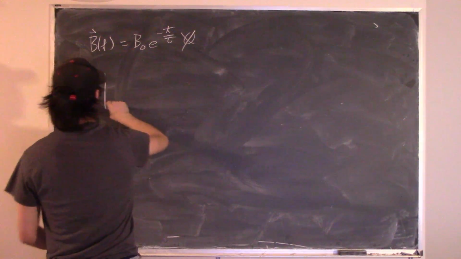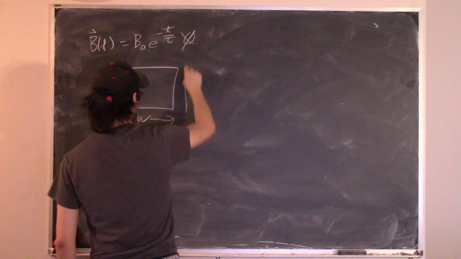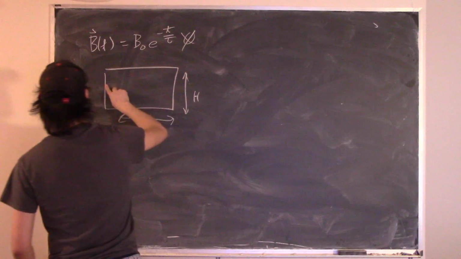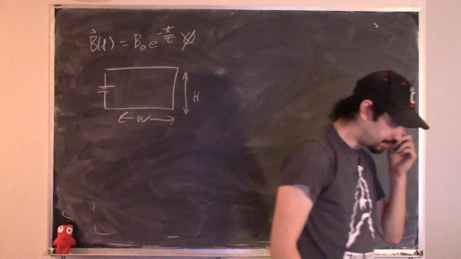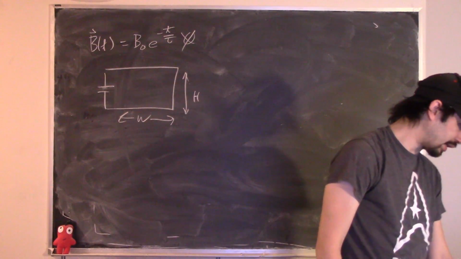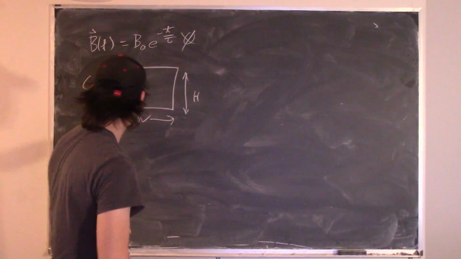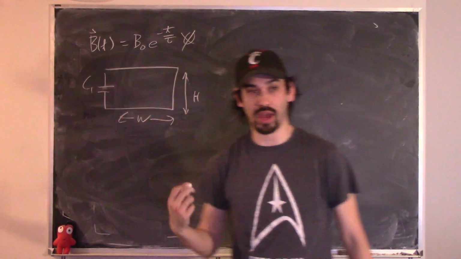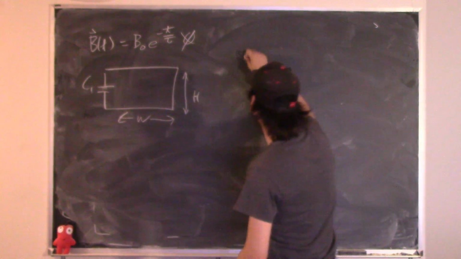And I tell you that I have some rectangular loop of width W and height H, and there's some capacitor that I put here. So this capacitor has some capacitance C1, and what we want to do is find what the charge is on this capacitor as a function of time.